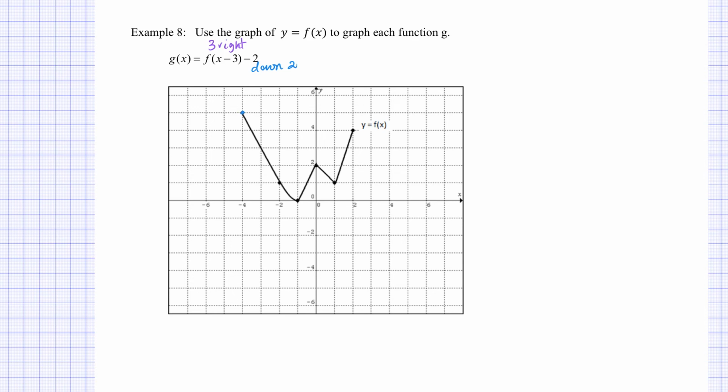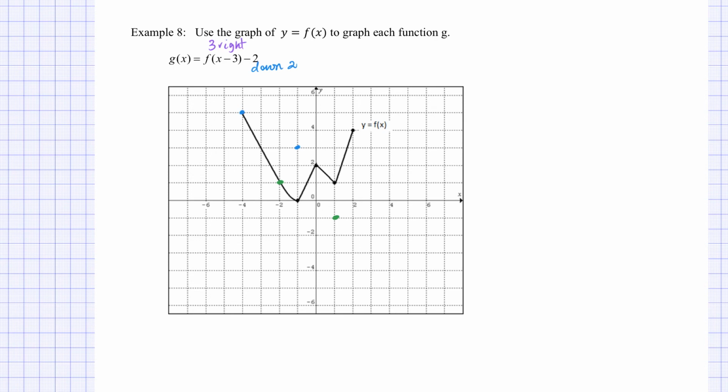So this one is going to go 3 to the right, 1, 2, 3 to the right, and down 2. So it's going to end up right here. This point is going to go 3 to the right, 1, 2, 3, and down 2, so it's going to end up right there.